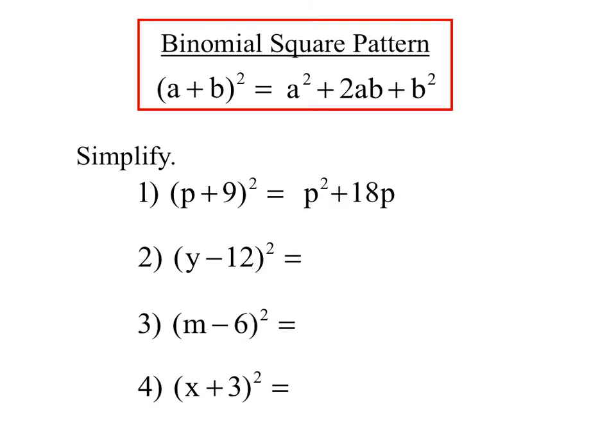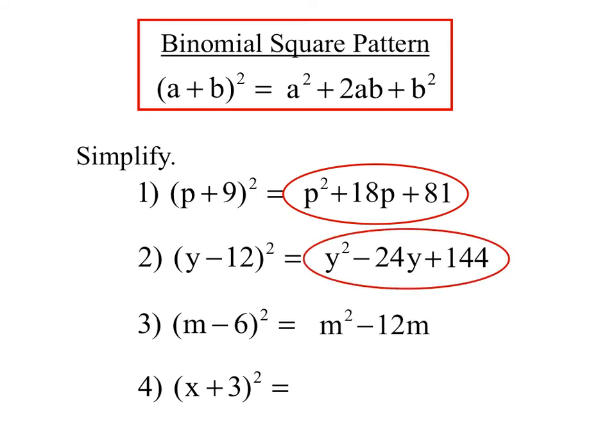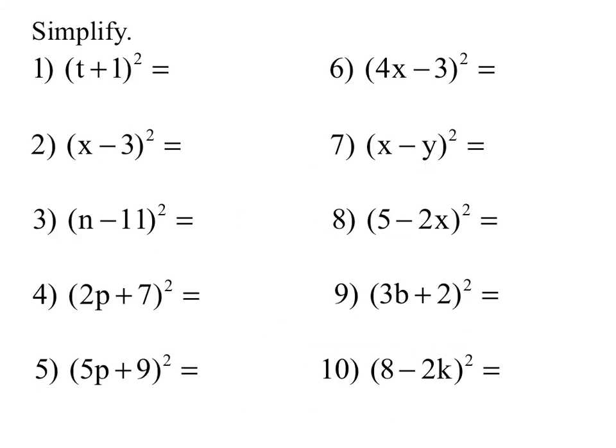All right, now number 1, we have t squared. The middle term will be 1 times t is 1t times 2 is 2t plus 1 squared would be 1.